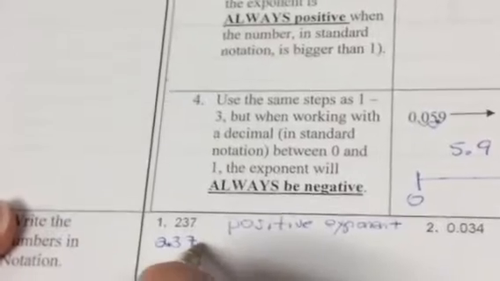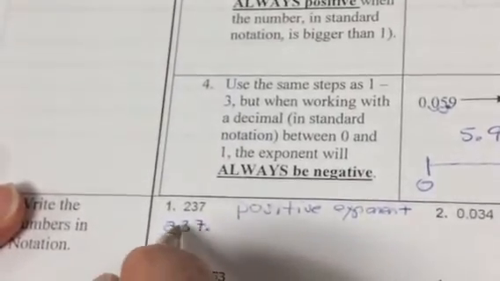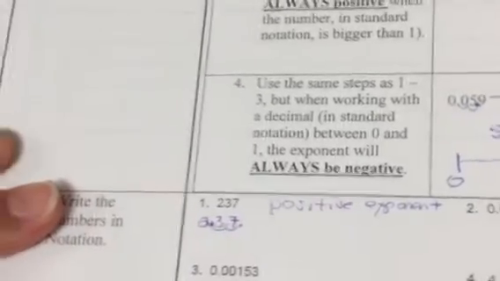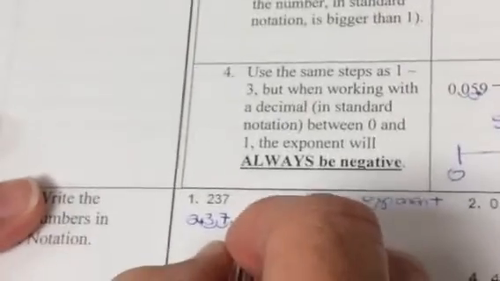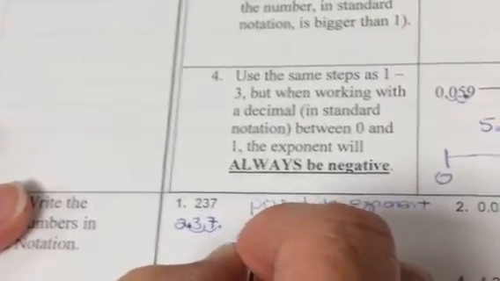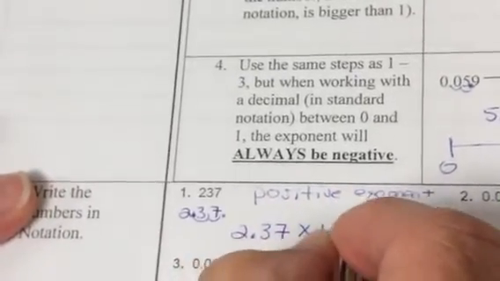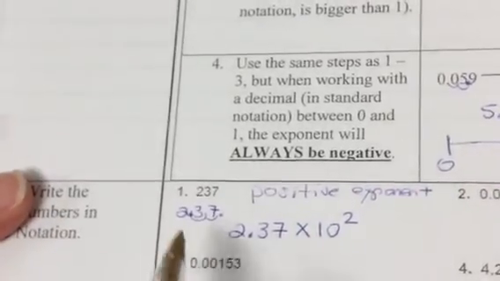And we need to move the decimal from that point to in between 2 and 3. So you go over 1, 2. So you move the decimal 2 times. So it'd be 2.37 times 10, and our power is going to be 2 because we moved the decimal 2 times.